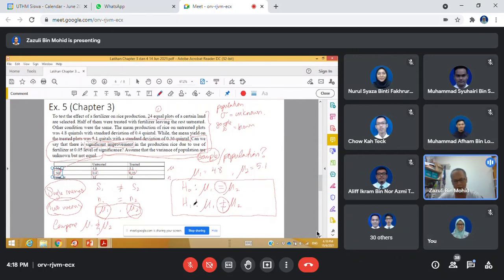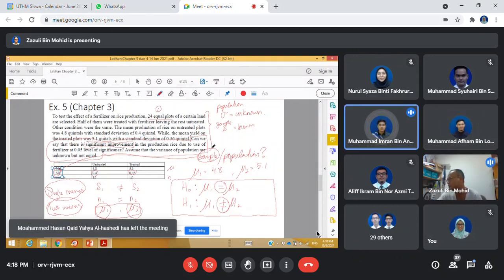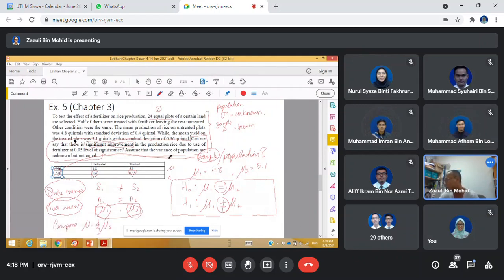Ada tak jawapan lain? Ada tak? No. Less than. Muhammad Afham. Tadi yang jawab siapa? Jawab apa tu sebelum ni tadi? Yang jawab tadi equal, not equal. Siapa yang jawab? Saya. Not equal.